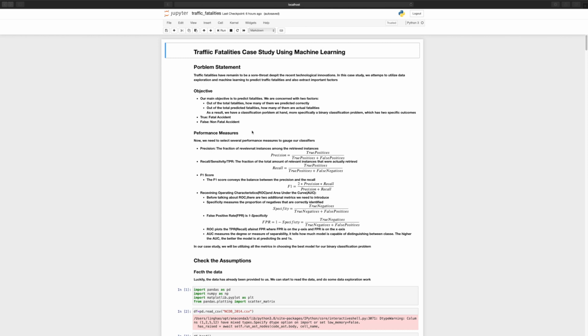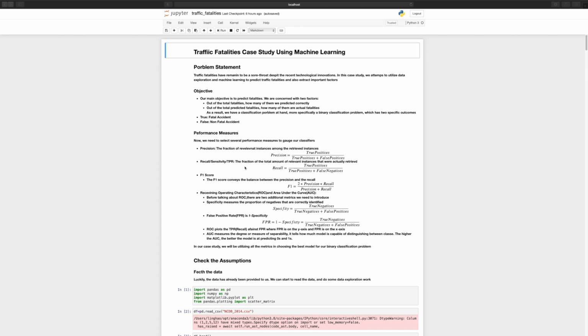non-fatal accident. The performance measures we will be using are several. The first one is the precision. The precision is the fraction of the relevant instances among the retrieved instances, which is the true positives divided by true positives plus false positives.